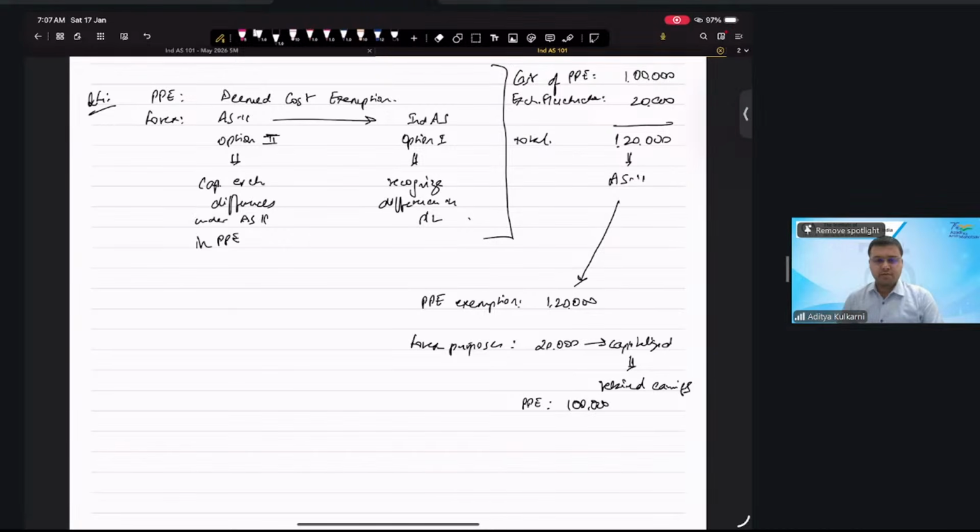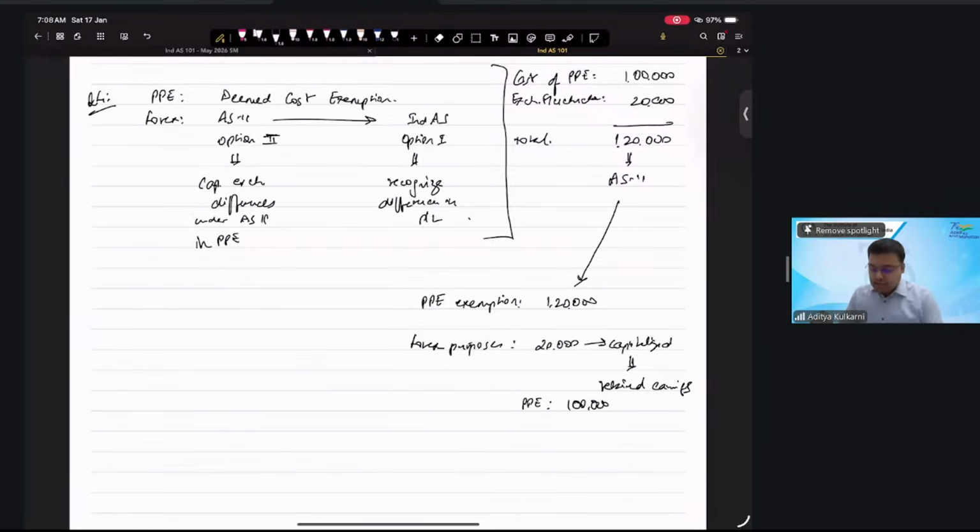Because you are saying, I will move everything to P&L, what is already capitalized as a forex fluctuation you will have to remove from PPE and move into retained earnings, and your asset block will then appear at 1 lakh rupees. Are we okay with this?